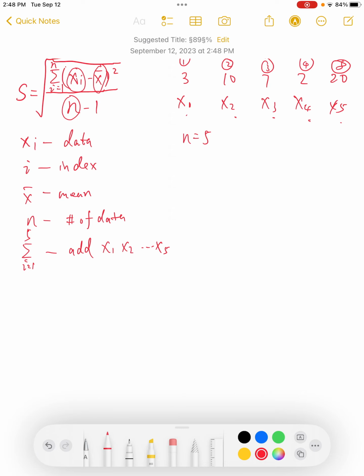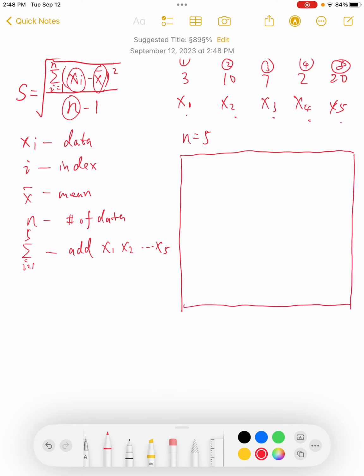So how to calculate it by hand? Let's make a simple table to organize all the information. This table has 2 columns. In the first column, we put xi. In the second column, we put xi minus x bar, raised to the second power.